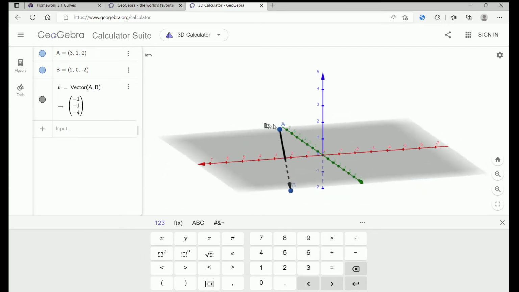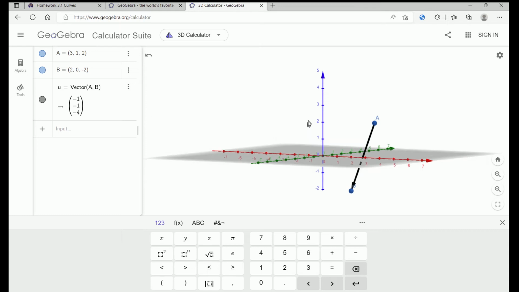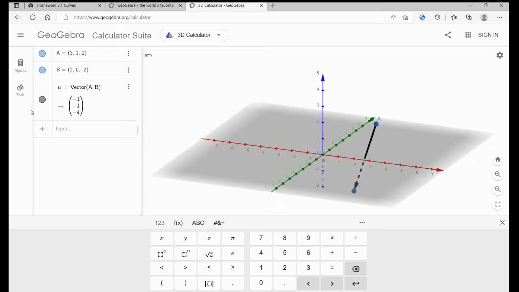So you can make vectors like that, and you can do cross products and all kinds of things on here. Like, for example, if I do V equals vector, let's say I just want a vector. Oh, I didn't spell vector.